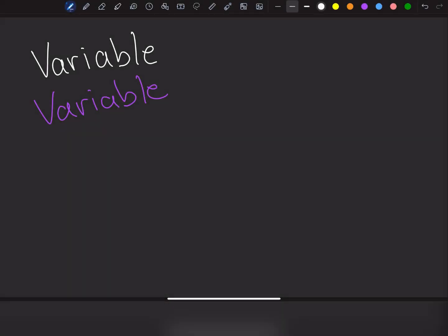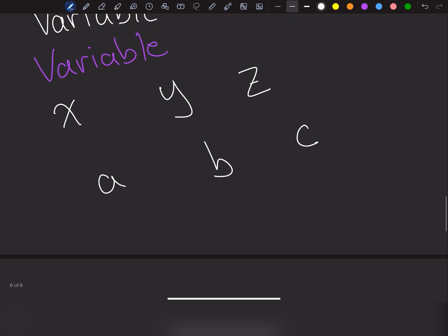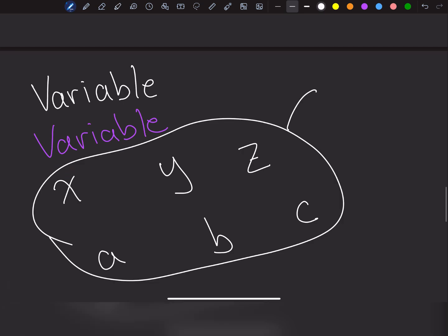Okay? And that variable, this letter, X or Y or Z or A or B or C, all of them in algebra, they all have a value. Okay? They have a value, but what is the value?